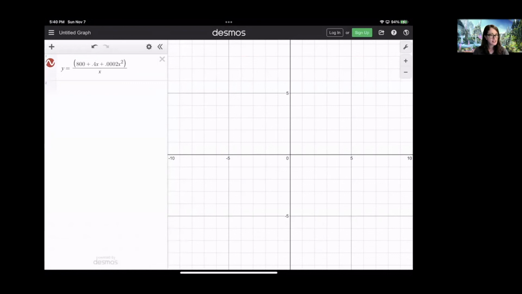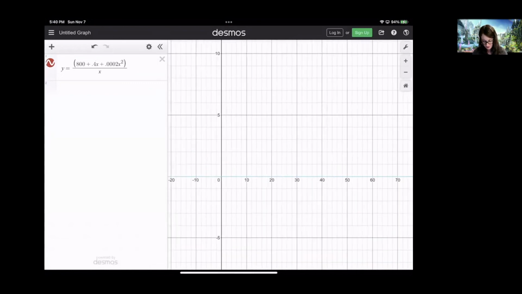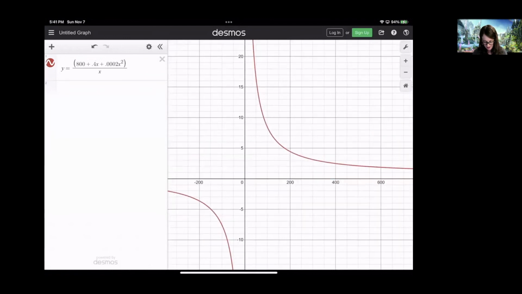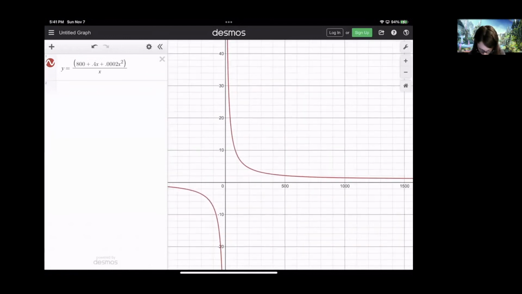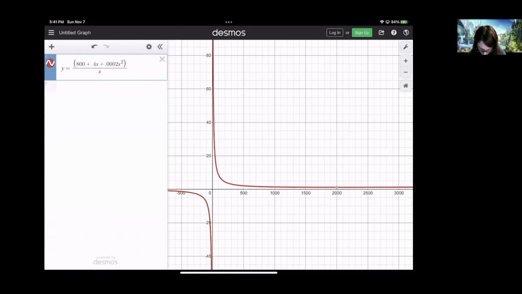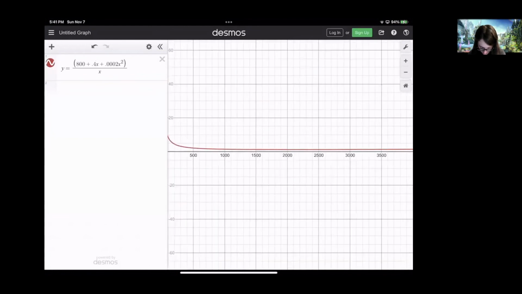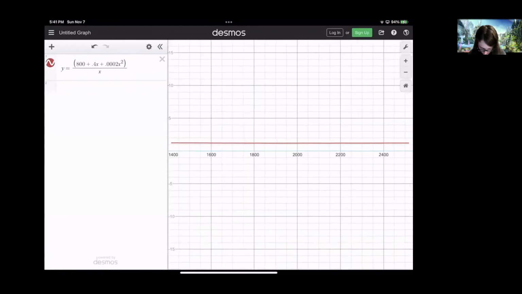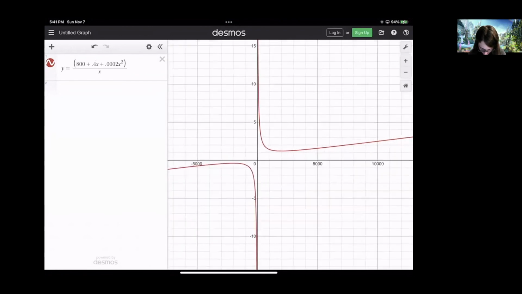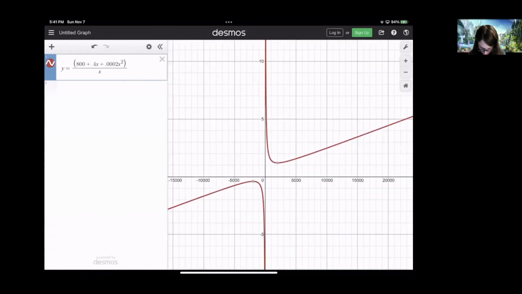Now, I don't see anything here, but the x value that we found was 2,000, so I'm just going to shrink my scale here. Oh, it's way out here. And it gets really flat, so I'll change my scale a little bit. This would be really hard if you were on a regular calculator. So Desmos is great.